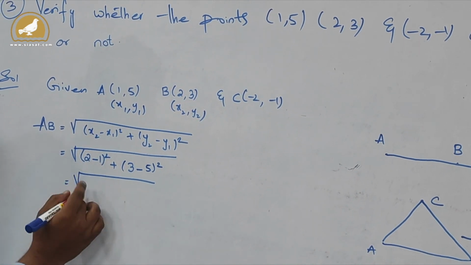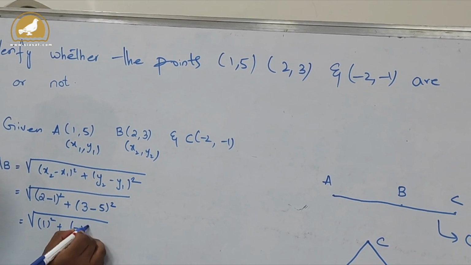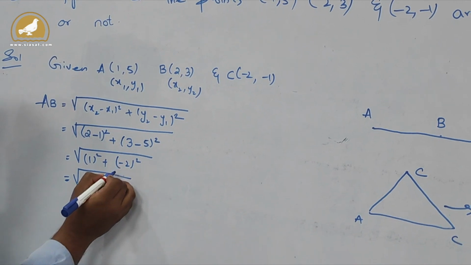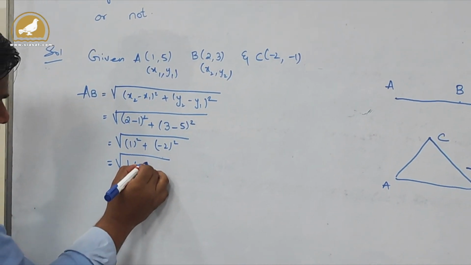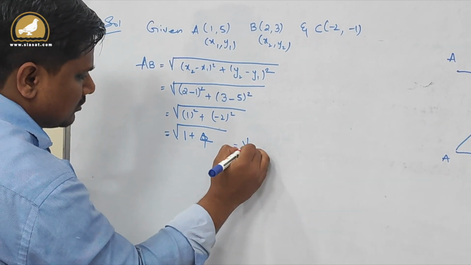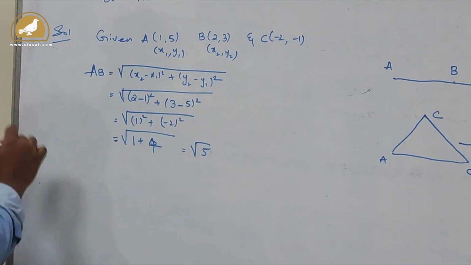So 2 minus 1 is 1 square, and 3 minus 5 is minus 2 whole square. This becomes 1 plus 4, which is 5, so AB is root 5.